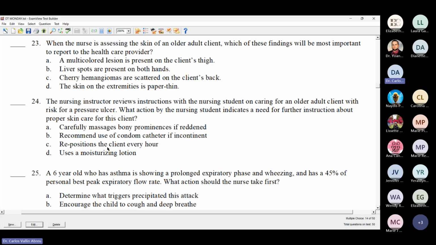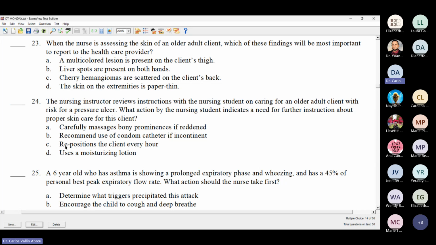So repositioning clients every hour might not be enough, okay? But it depends. At least it is not wrong. And using a moisturizing lotion, there is no problem, because keeping the skin moist is okay.